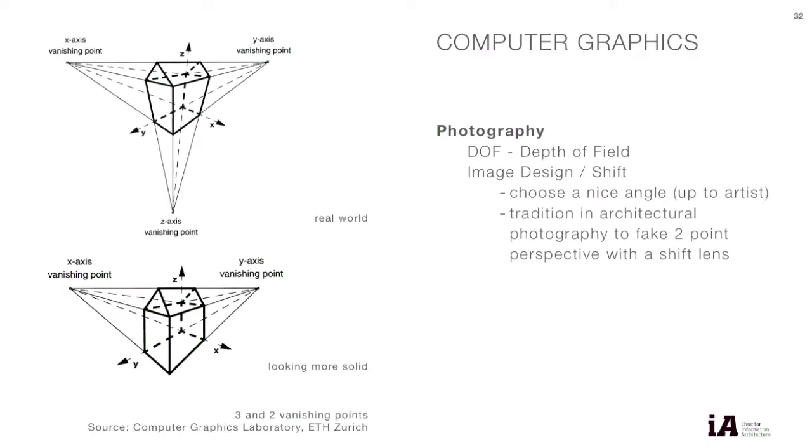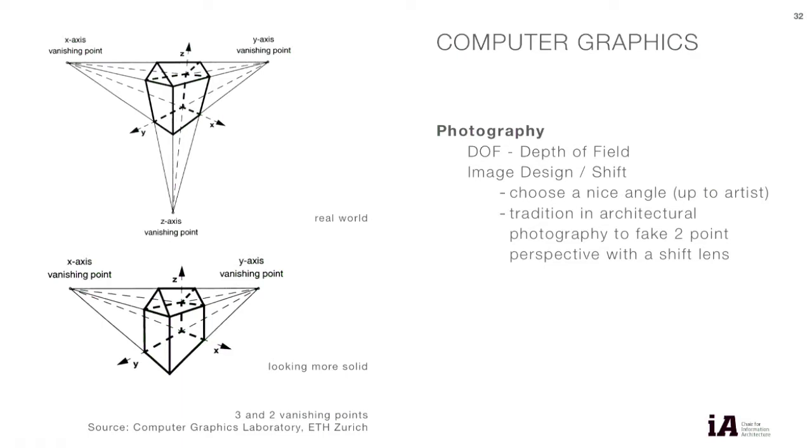And then there is another feature, the lens shift. That's a traditional trick actually in photography, where photographers make buildings look as if they would have been drawn, or just make them in the same language as you would have drawn them. So in reality, you see a building vanishing in all three directions.